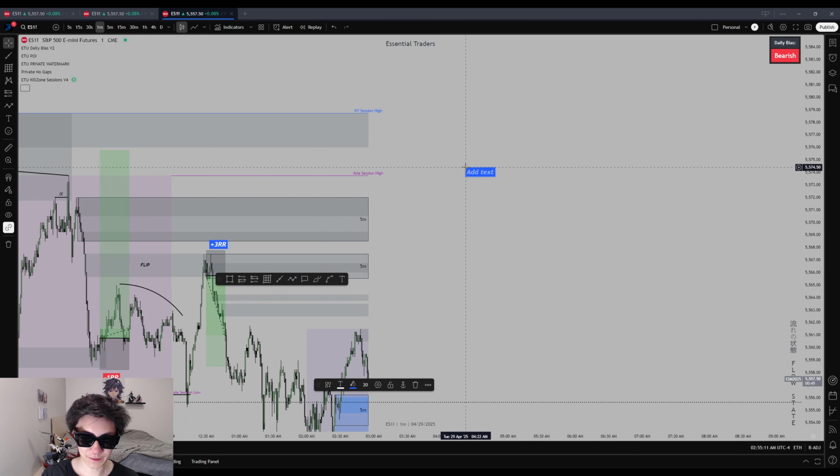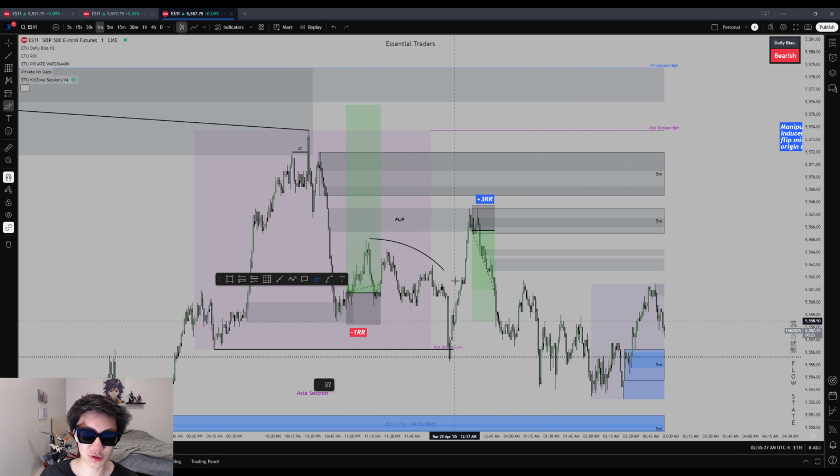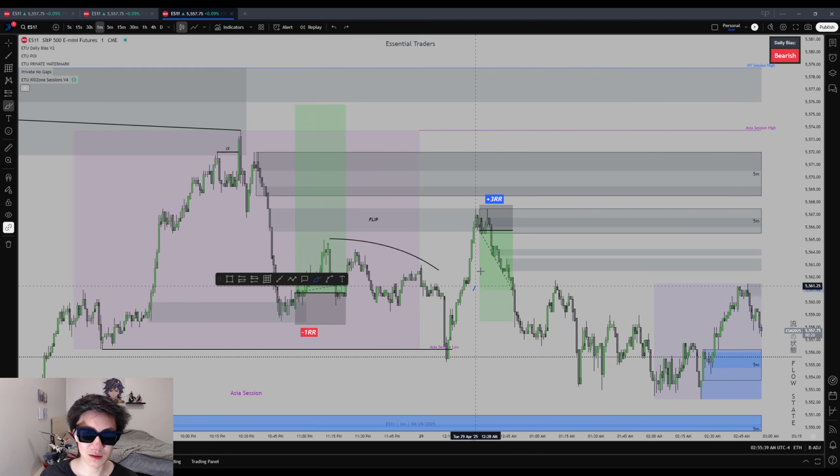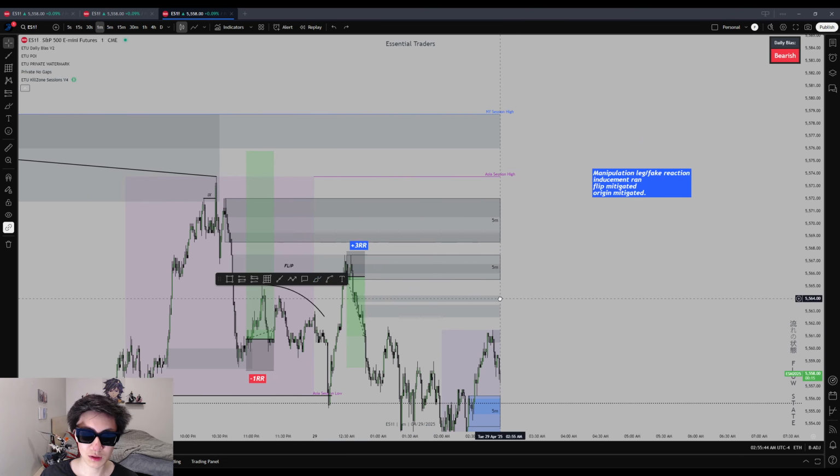We will either have a manipulation leg delivery or fake reaction, that's what I like to call it, that later becomes inducement, or we will have inducement ran, or we will have the flip mitigated, or we have the origin mitigated. And yes, you can have multiple flips within a range, depending on the range. Sometimes when we have impulse legs like this, typically you won't have as many flips. You likely just have the origin, but that's not always.